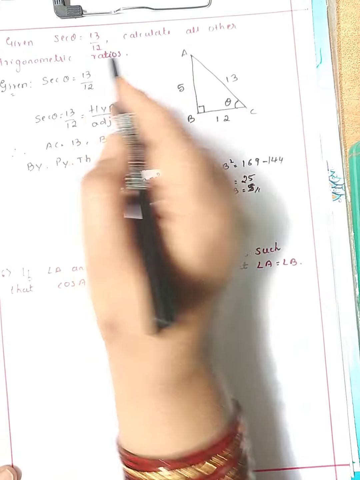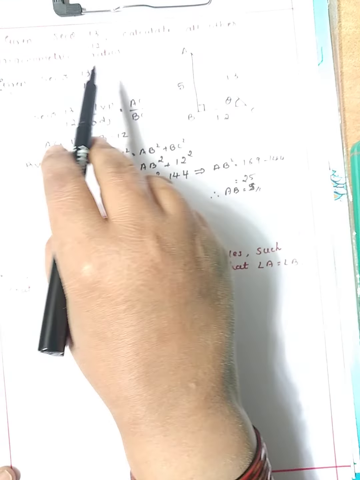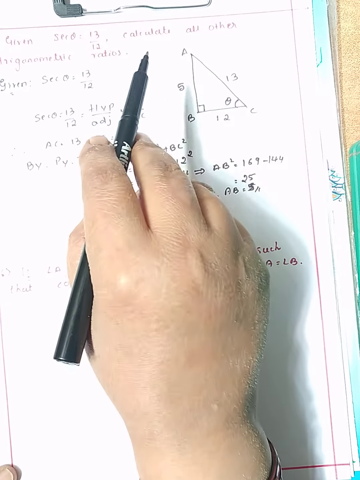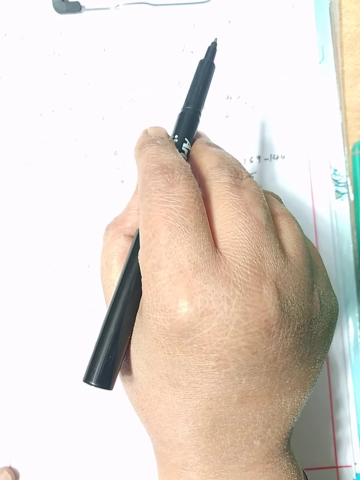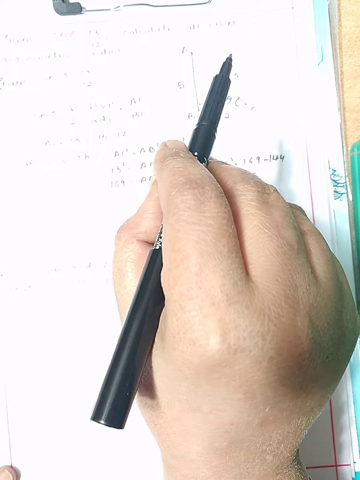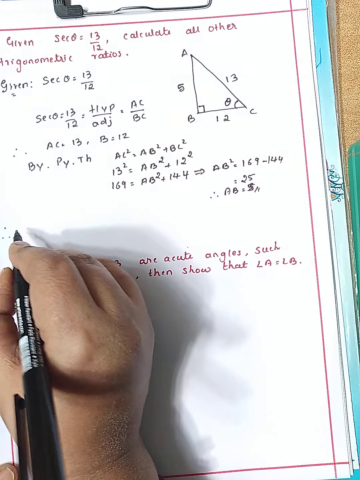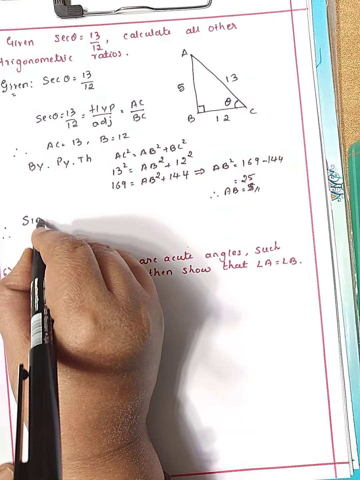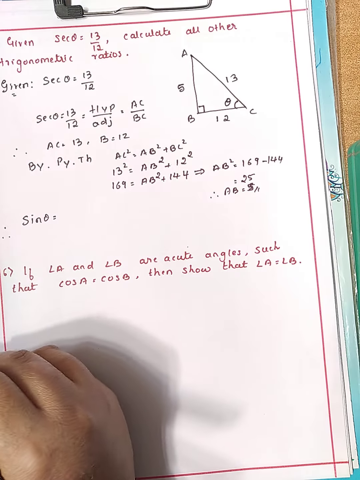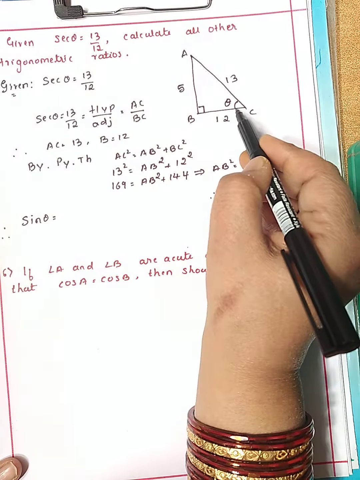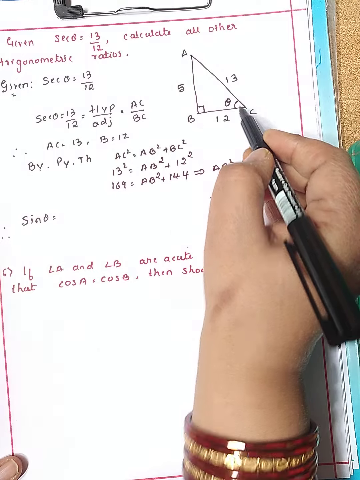Now we can easily write all the trigonometric ratios. All the trigonometric ratios means sine, cos, tan and cot, cosec. First one is sine theta. Sine theta is opposite side by hypotenuse.